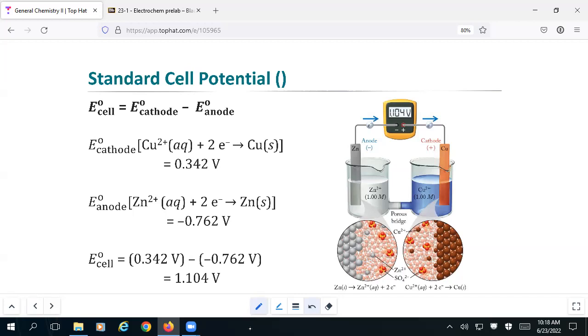Now, one other consequence of the standard hydrogen electrode and giving us all of these values is that we can actually shortcut some of our redox balancing if we have access to a table of values, because the table of values gives us the reduction half reaction in its full form. So if we know what it is that we're looking for, we can use that to find it.